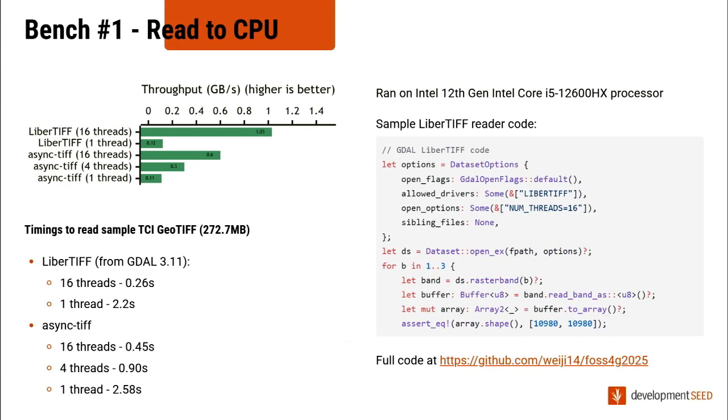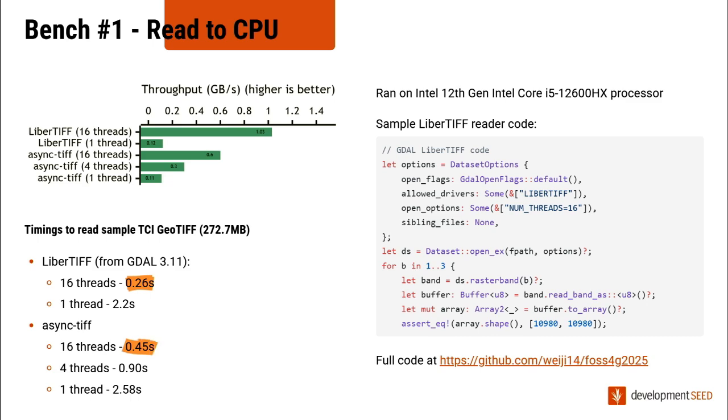I'll cover 2 benchmarks, one reading to CPU, one to GPU. On the CPU side, I'm just going to compare LIBERTIFF, which is the new GDAL multi-threaded driver, and async-tiff. Note that I benchmarked this on my laptop, so not over the network. This is reading into CPU memory. With 16 threads, LIBERTIFF gets about 1 gigabyte per second throughput. And async-tiff, Python version v0.2.0, gets about 0.6 gigabytes per second throughput.